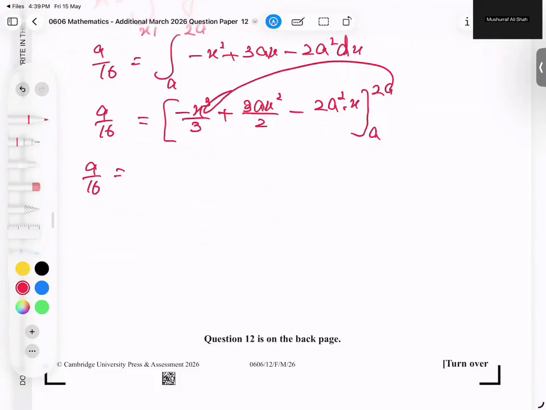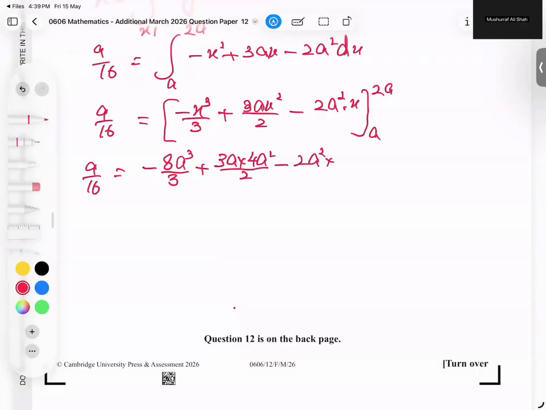So when I put the upper limit, I'm getting here negative 8a cube over 3, plus 3 times 4a squared by 2. I'm putting here 2. Upper limit is done, students. Minus, now the lower limit: minus a cube by 3 plus 3a, and a squared into a becomes a cube by 2, and a comes, yes, again it becomes a cube. This is done.